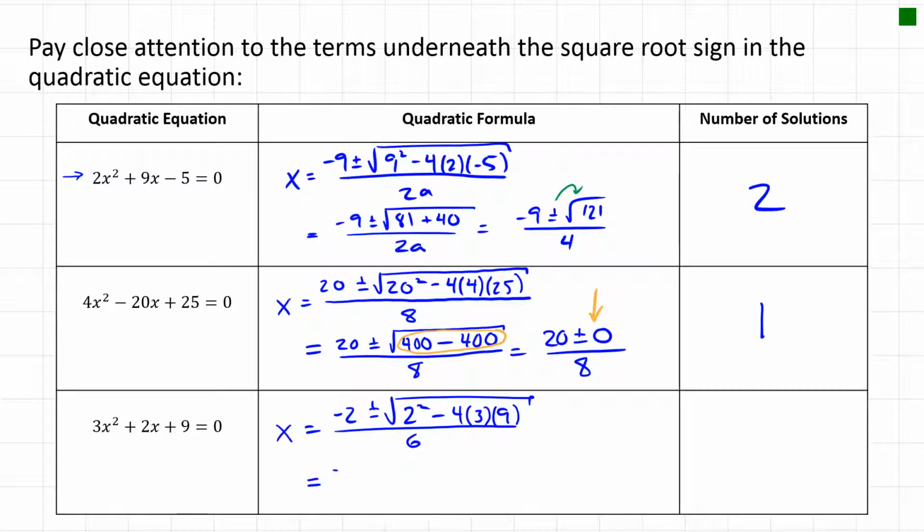Simplifying this, I get negative 2 plus or minus the square root of 4 minus 4 times 3 times 9, which is 108, divided by 6. And again simplifying, we'd have negative 2 plus or minus the square root of 4 minus 108, which is negative 104.